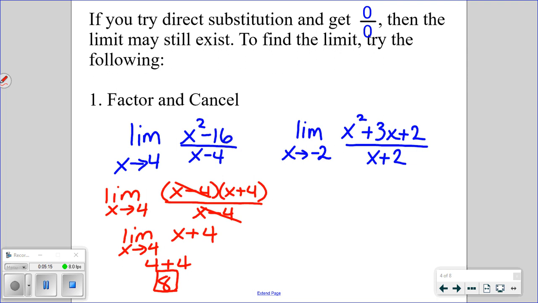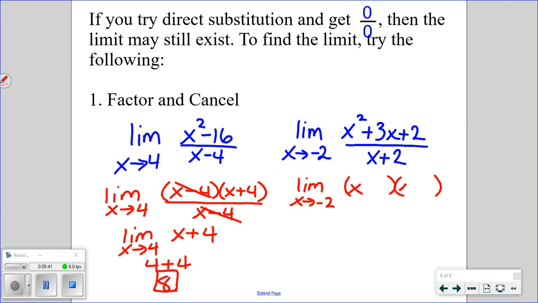We have the limit as x approaches -2 of x squared plus 3x plus 2 over x plus 2. One thing I want to point out, guys, is that in both of these cases, if I tried direct substitution, I would get 0 over 0. I didn't show you that step, but that is the case. So let's go ahead and factor the numerator.